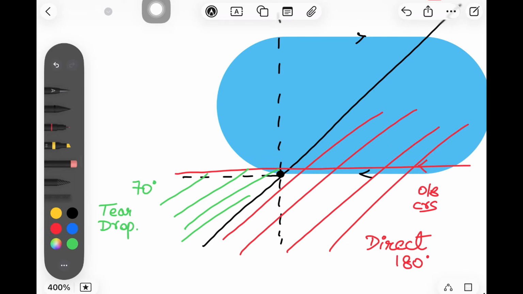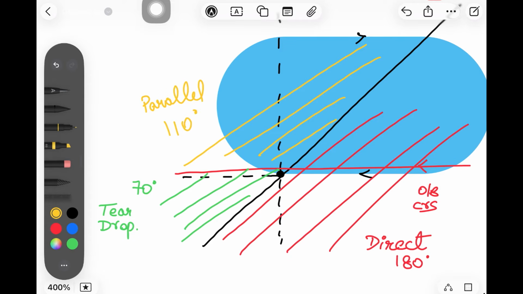And let me take another color once again, and we'll draw it with a yellow color, which will give you your parallel entry, which is for 110 degrees. So now we know how to cut our hold in 3 entry patterns.